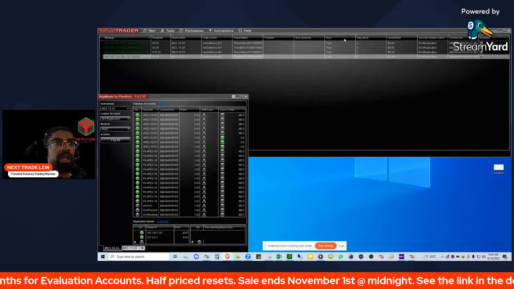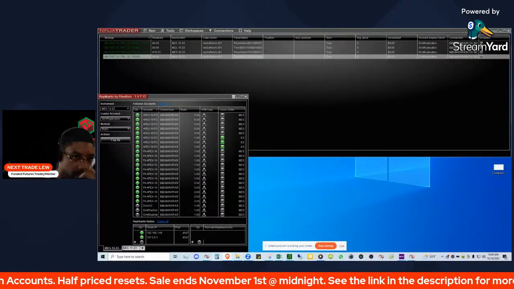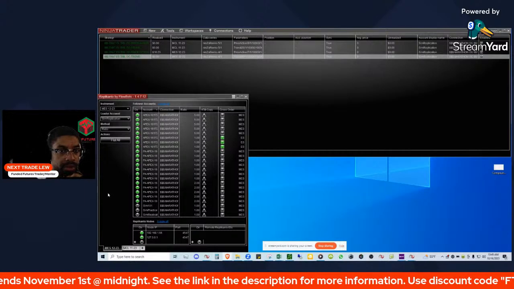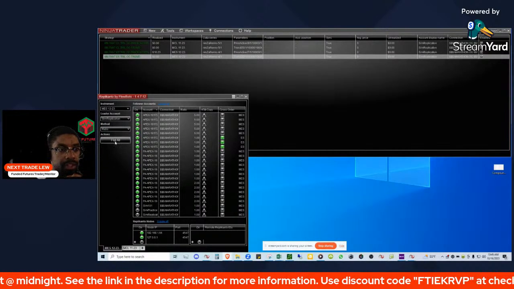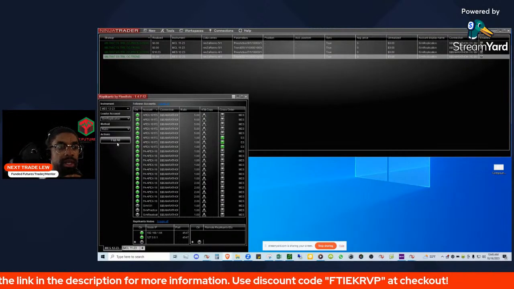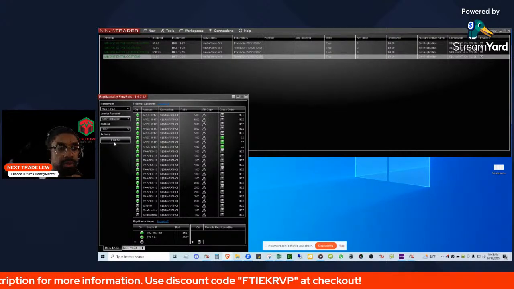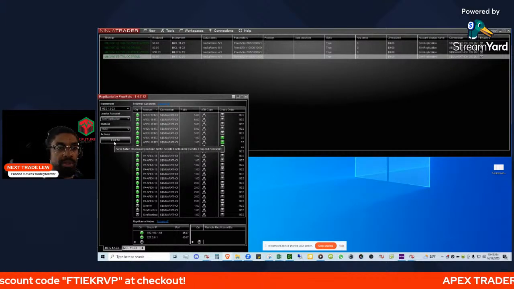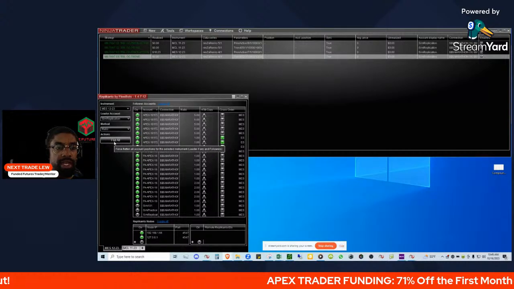So the way this works is, we have this flatten all button right here. If you click this button, you can see it force flattens all account positions for the selected instrument, and leader if any, and followers. So that's one of the options.